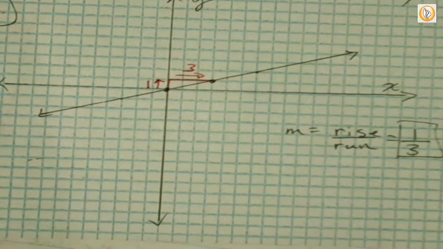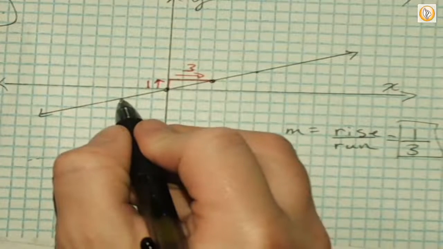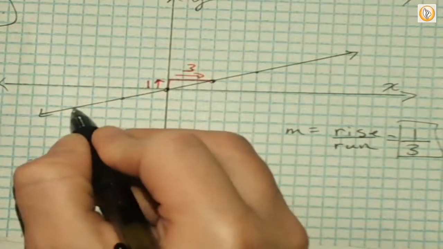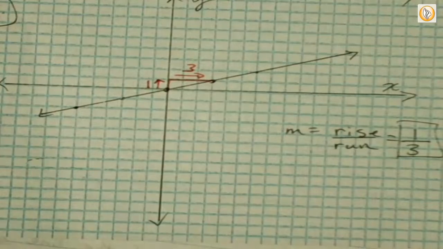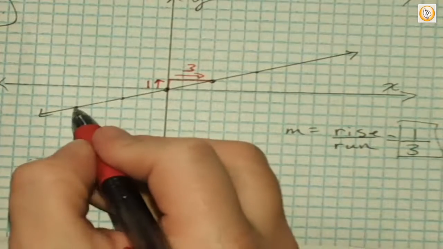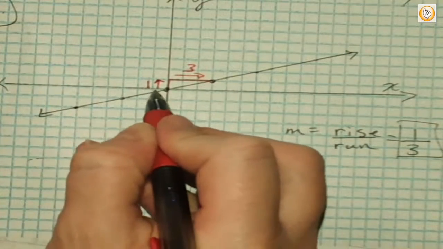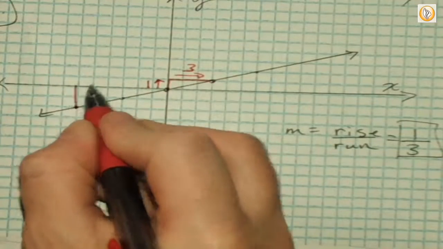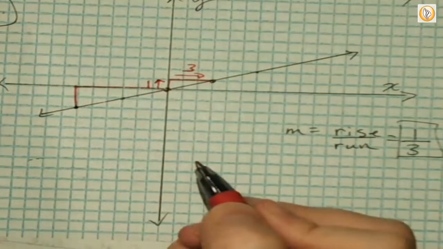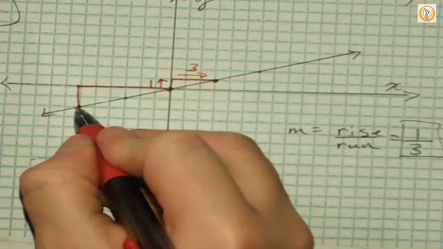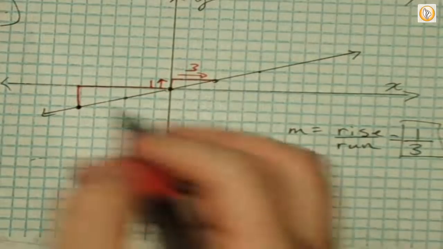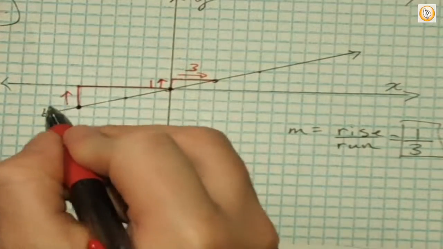Hopefully everyone got that. Let's say I went from this dot to this dot. Draw my map. So I'm going from this dot to this dot. How many places did I go up? 2.